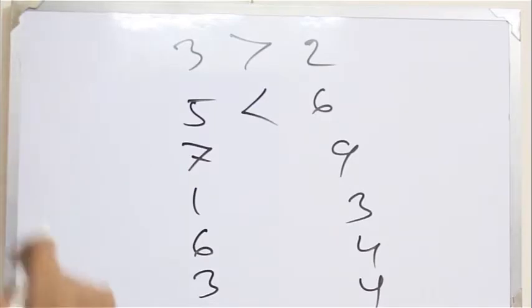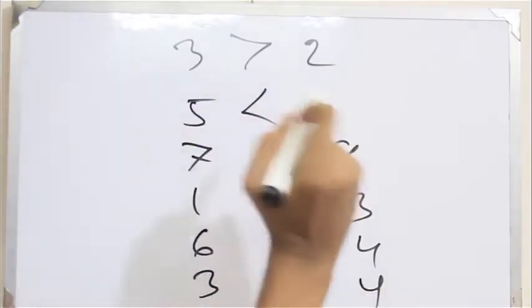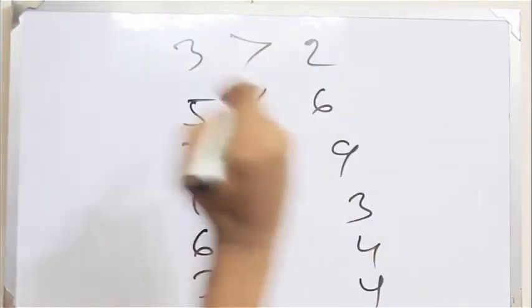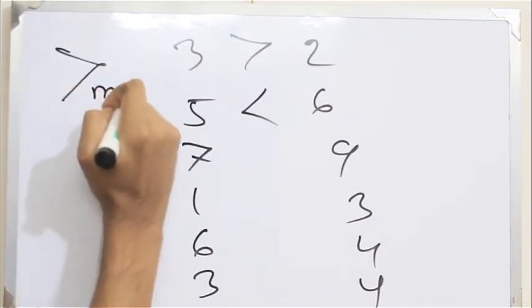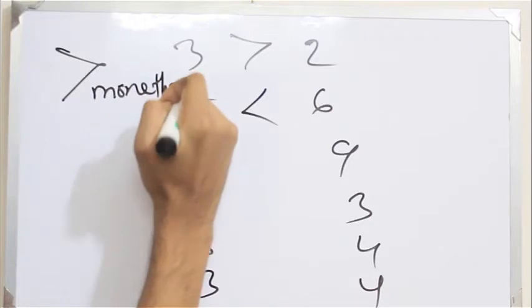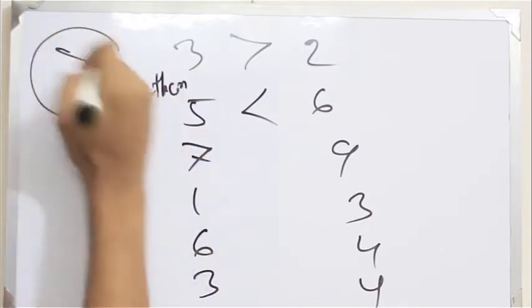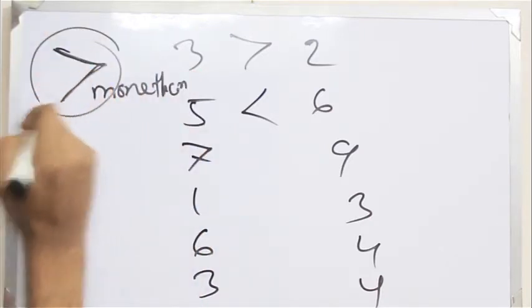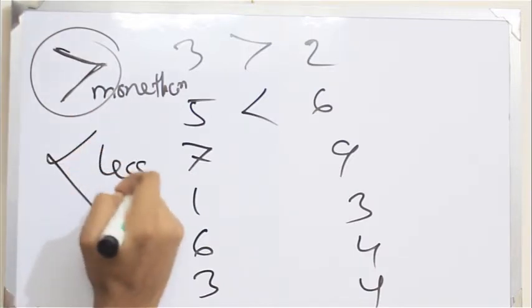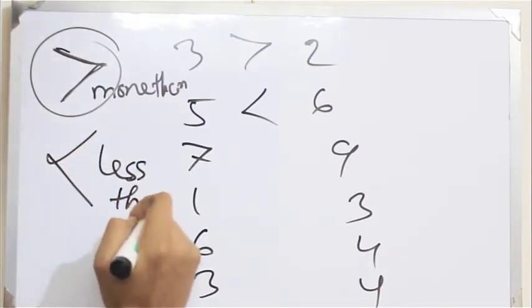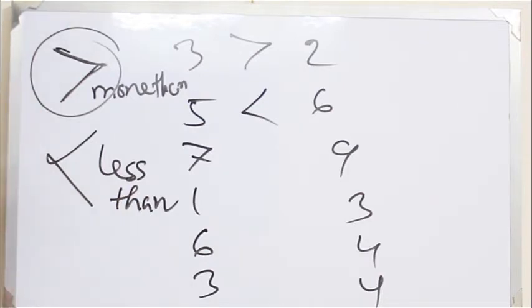Now look at this table, you get this thing, right? Before getting into this table, you teach the student this is more than. When we say something is more than something, we use this symbol. Now if it is not more than, rather less than, we use this symbol.